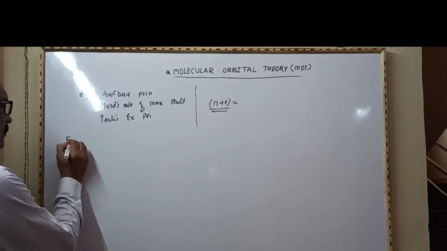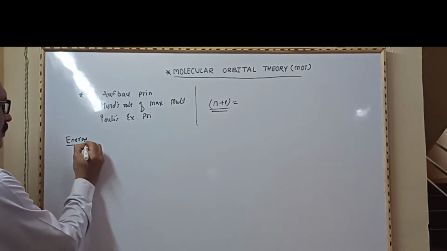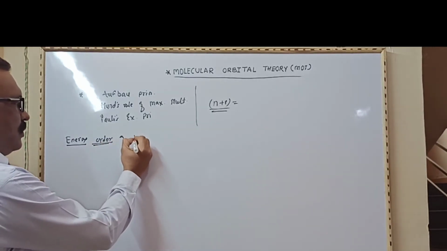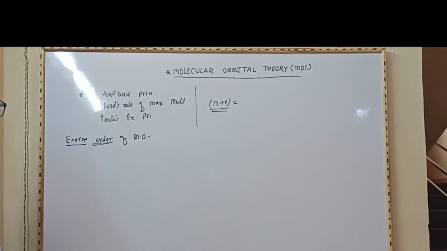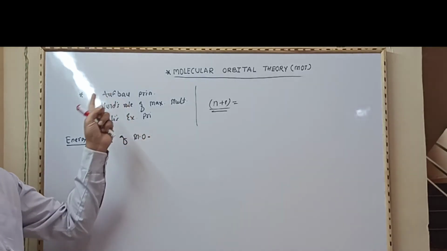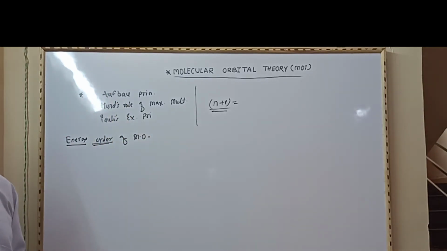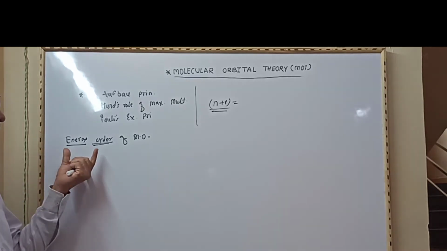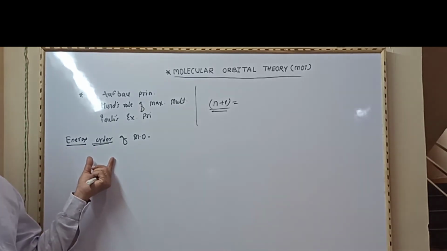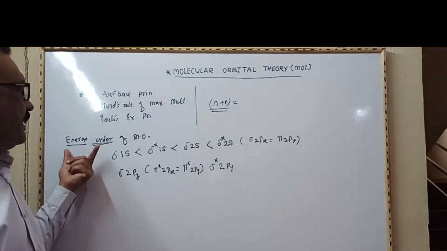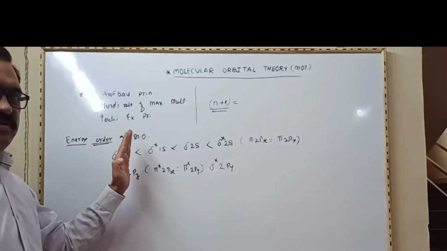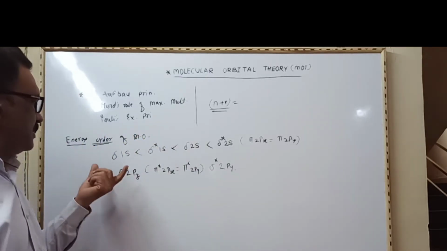The energy order or the sequence of molecular orbitals. The Aufbau principle gives us the sequence of energy order of atomic orbitals. The energy order of molecular orbitals is the order for the filling of electrons in molecular orbitals.